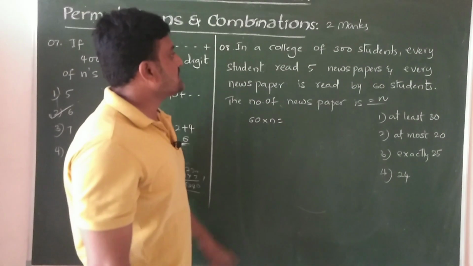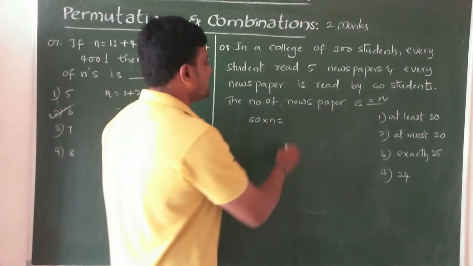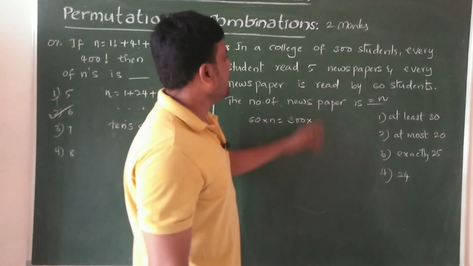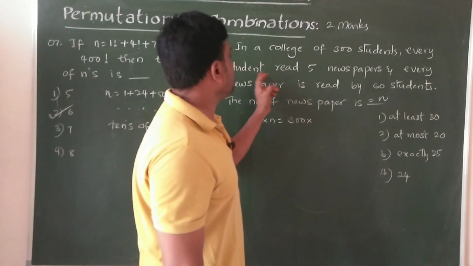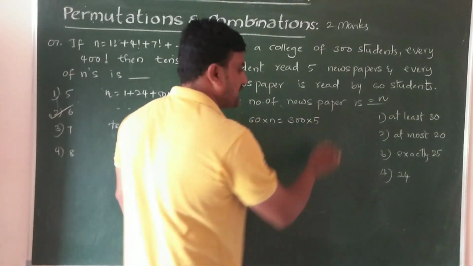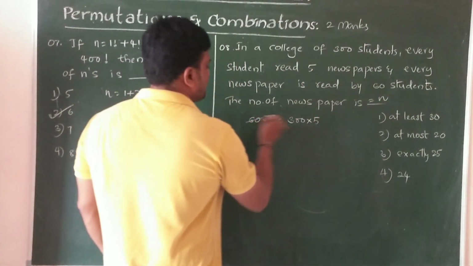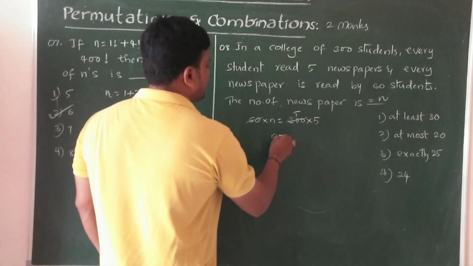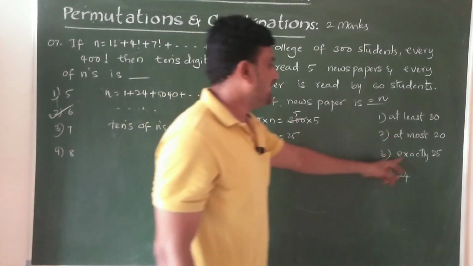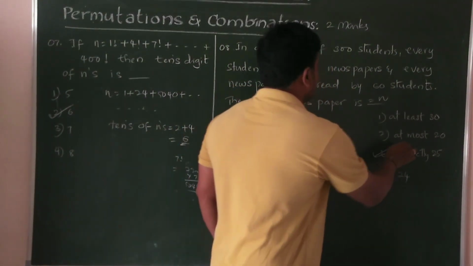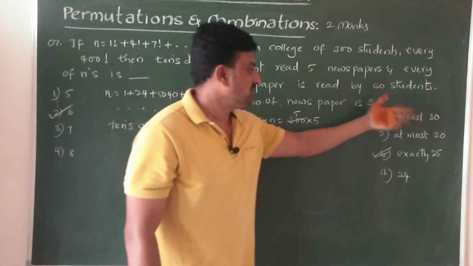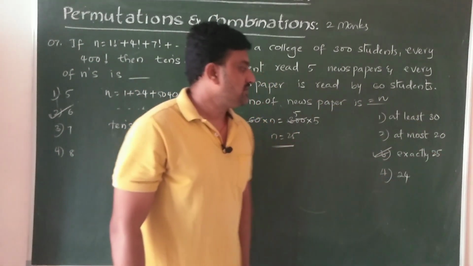And also in the college we have 300 students, each student reads 5 newspapers, so 300 into 5. So 60n equals 1500, then n equals 25. Exactly 25 newspapers are there.